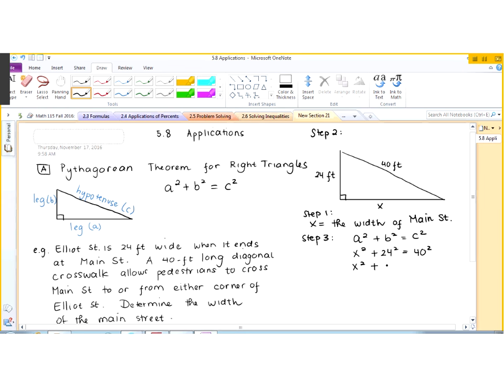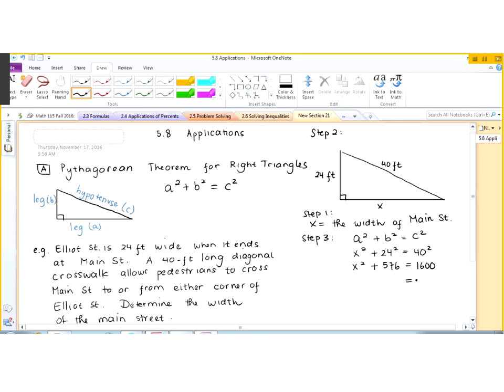What is 24 squared? 576. And 40 squared is 1600.